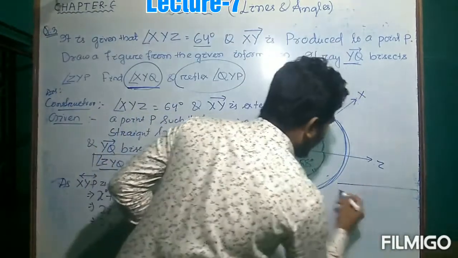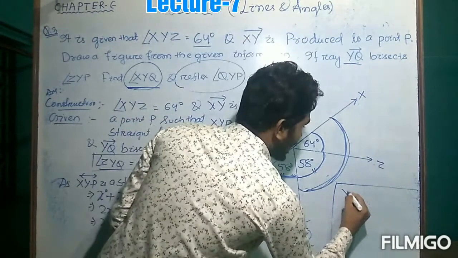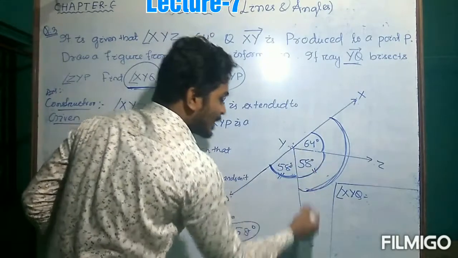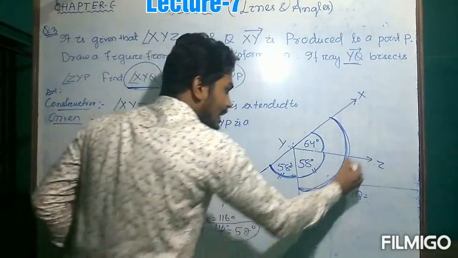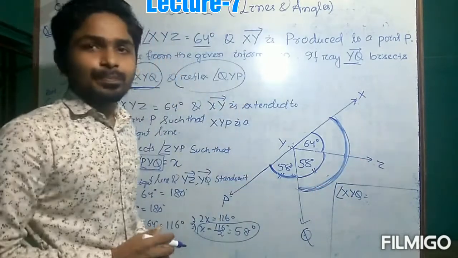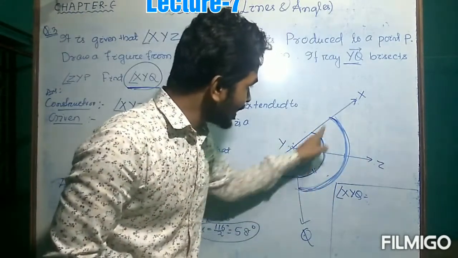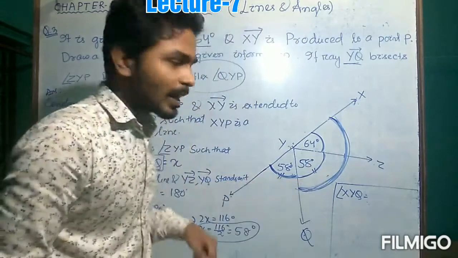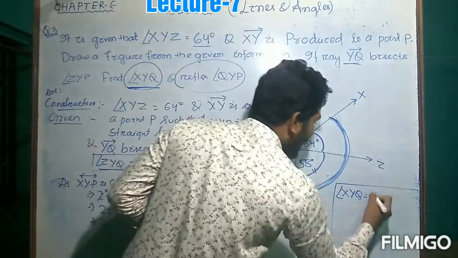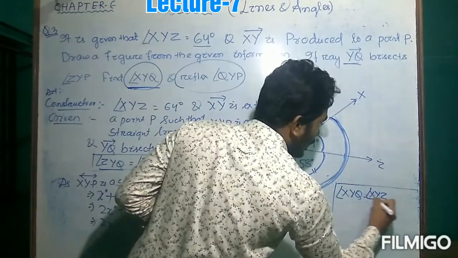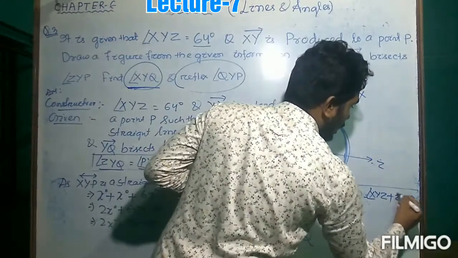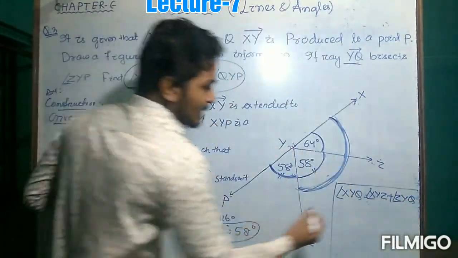Okay, let us find it. Angle XYQ. This angle can be written as this angle plus this angle. The total angle can be written as this angle plus this angle, right? So you can write angle XYQ is equal to angle XYZ plus angle ZYQ, right?